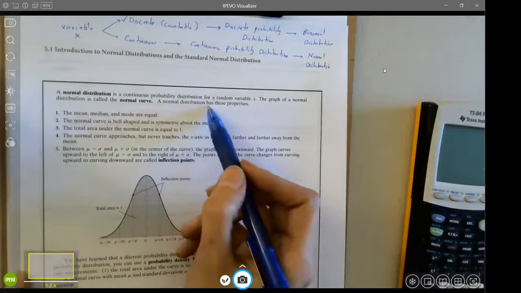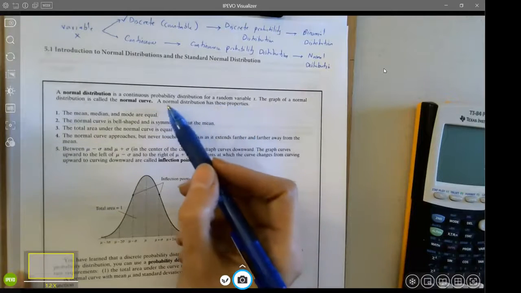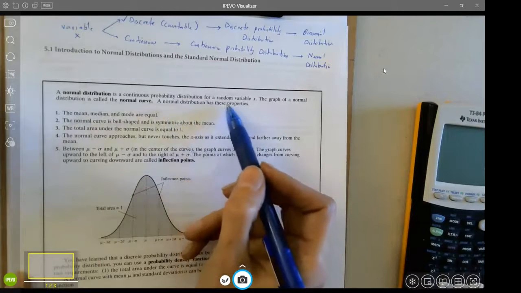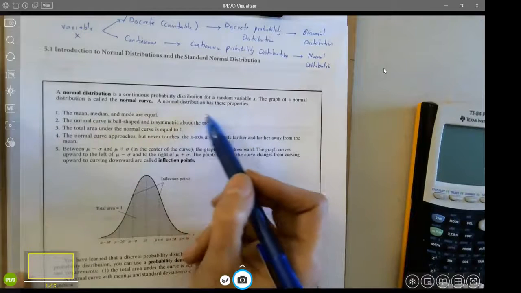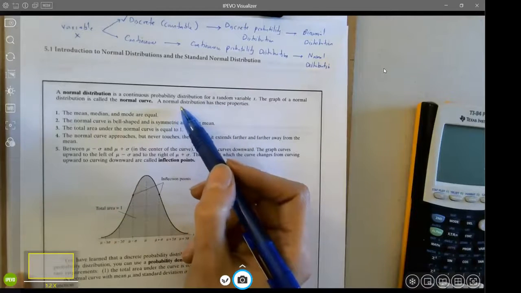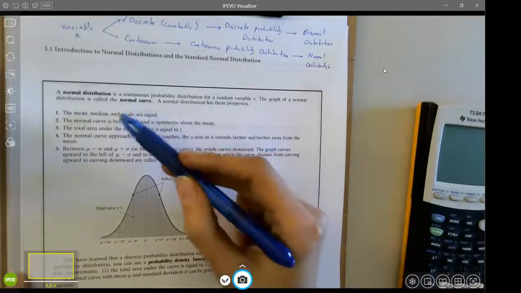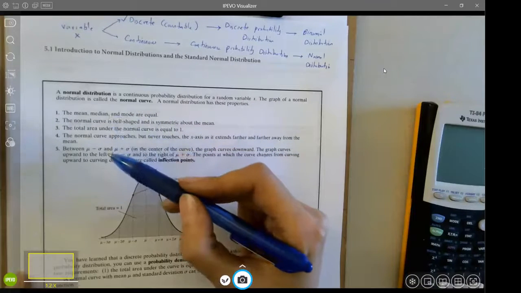A normal distribution has the following properties. So remember that we have a collection of data. Those data are continuous variables. The collection of data has the following properties.